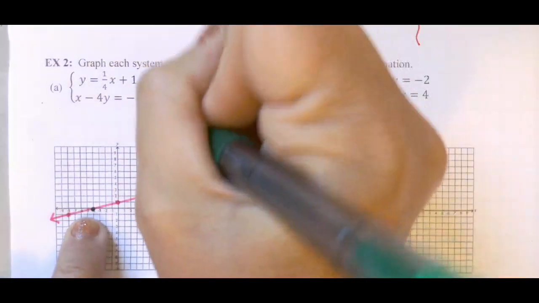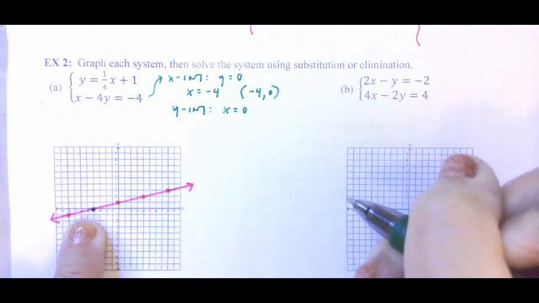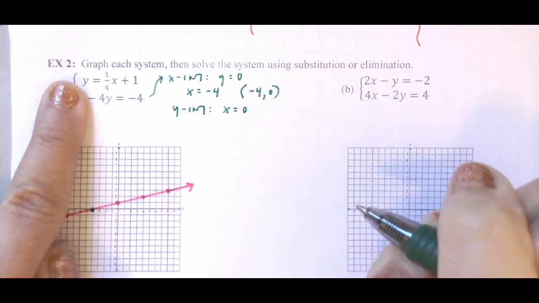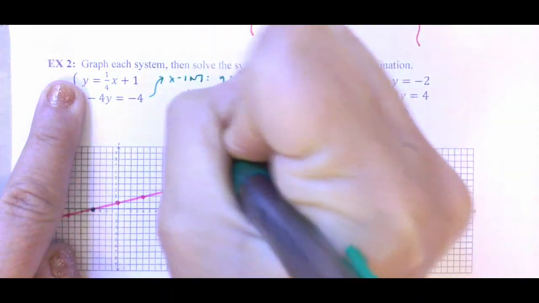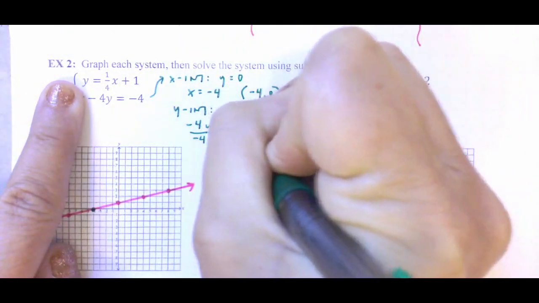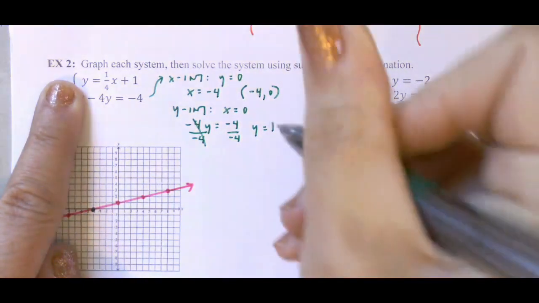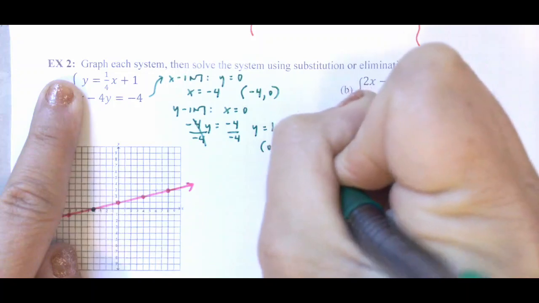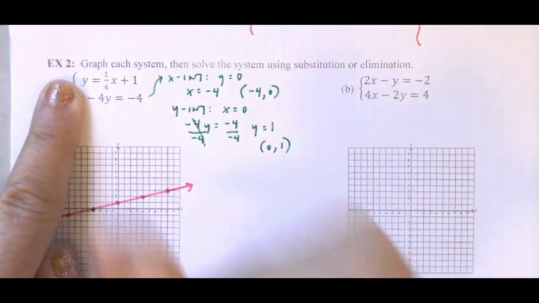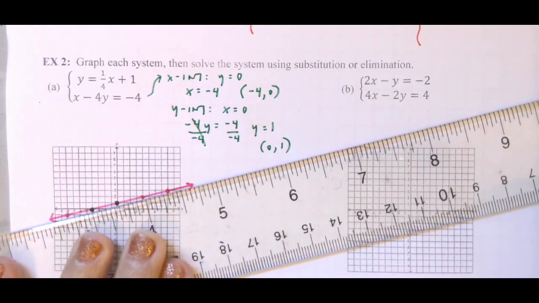If I go after the y-intercept, that's when x is 0. So if I plug in a 0 here, cover that up, then I'm really solving -4y equals -4. And when I divide each side by -4, I get that y is 1. So that would be 0, 1. When x is 0, y is 1. Ooh, same point right here. So I see 2 points on the same line. If I take my ruler and cross through, I see that it is the same exact line.